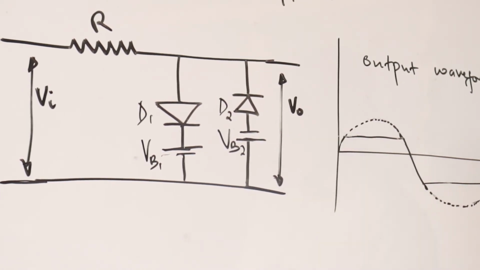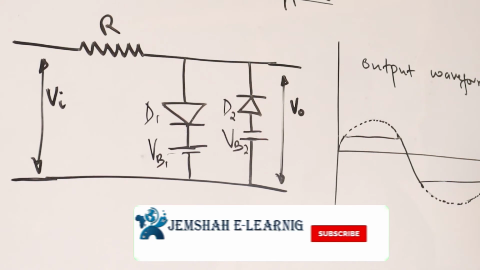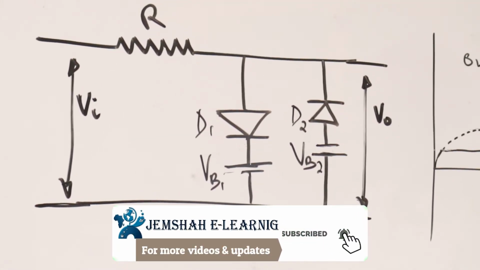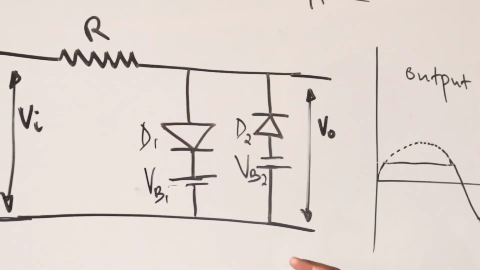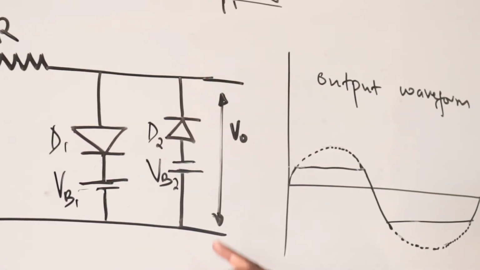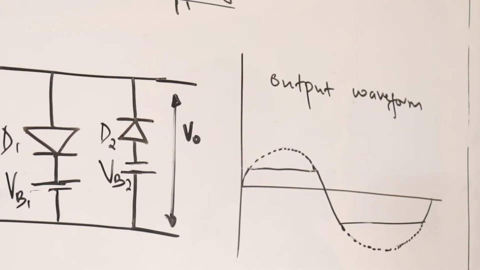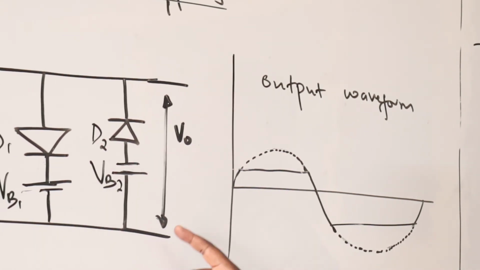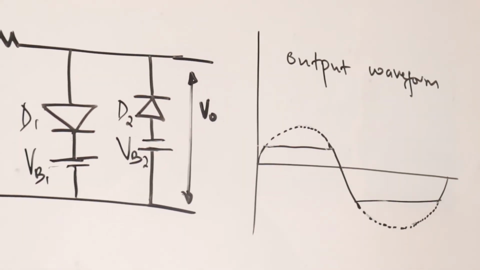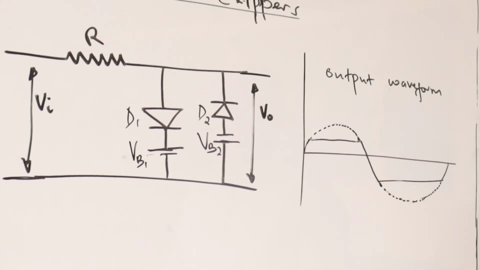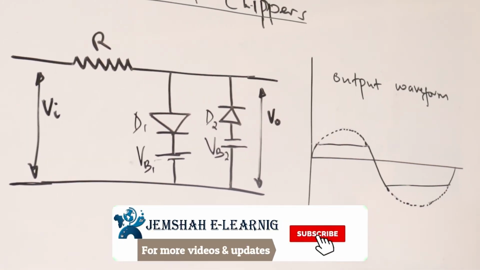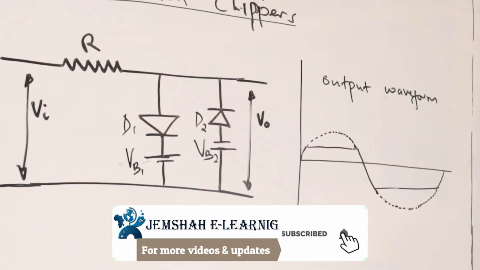These levels are still the bias voltage, and the broken part of the output sine wave shows whatever has been clipped out. During the negative part of the cycle, D1 will be reverse biased and D2 will conduct. So the conduction is such that it cannot exceed the bias voltage VB1 or VB2. That's the operation we need to understand and be able to reflect on this diagram, the way the output appears. So we're going to put that down.